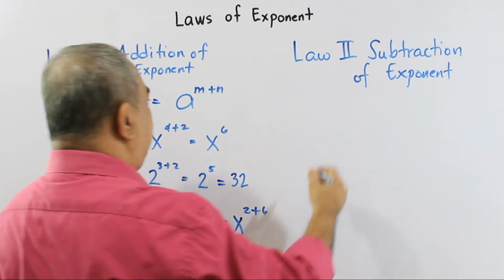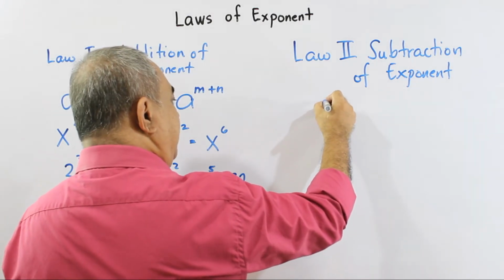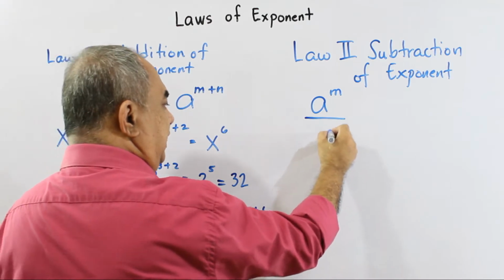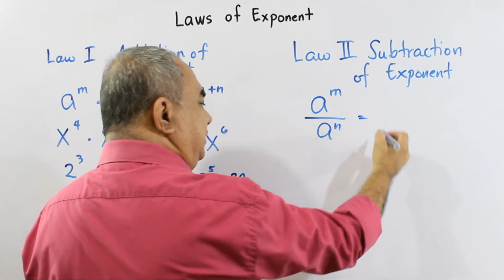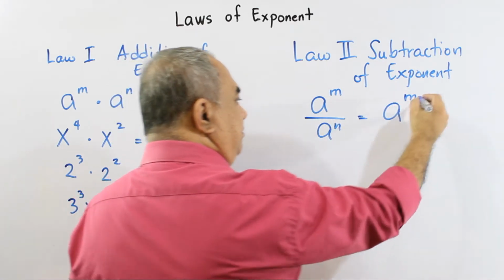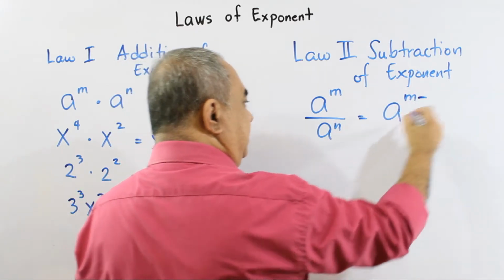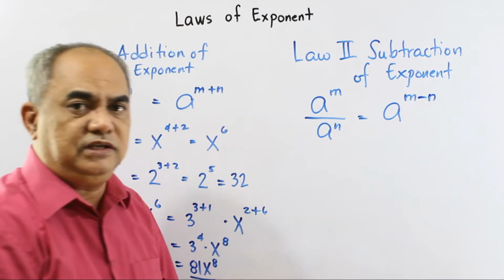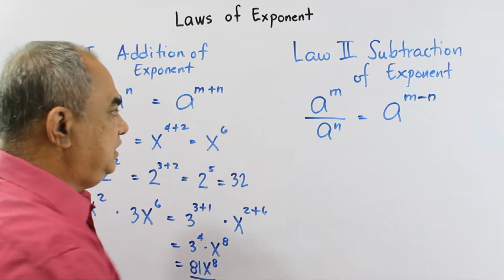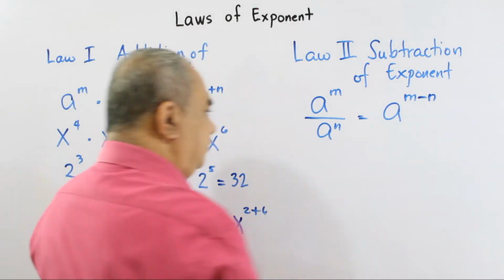So let's have an example. So we have a to the m all over, that's division, a to the n will simply give us a to the m exponent minus the exponent n. Again, the condition is both bases must be the same. Okay, so this is our formula.